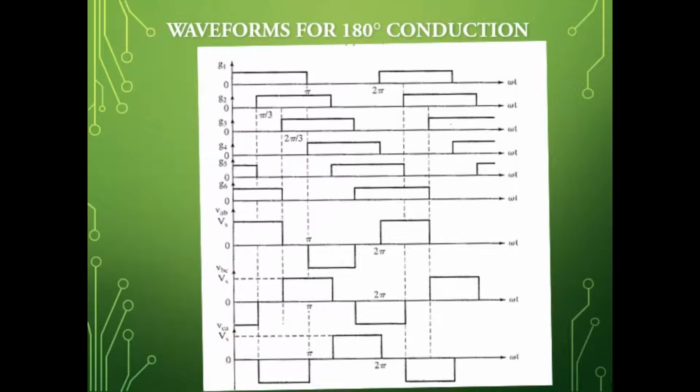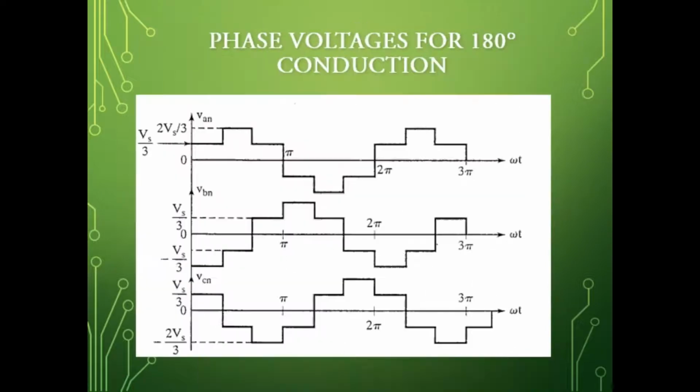To obtain VAB, VBC and VCA, first we need to find VA, VB and VC, that is VAN, VBN and VCN. After that, VAN minus VBN will give you VAB. VBN minus VCN will give VBC. Similarly, VCN minus VAN will give you VCA.